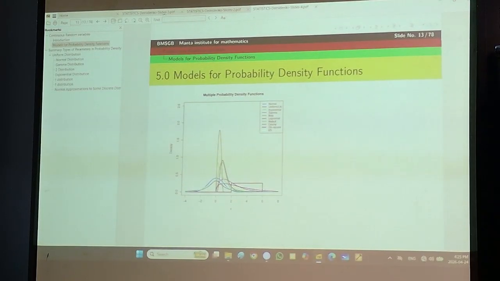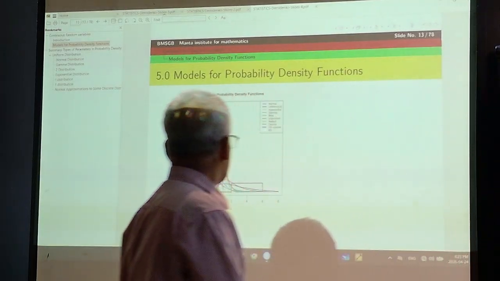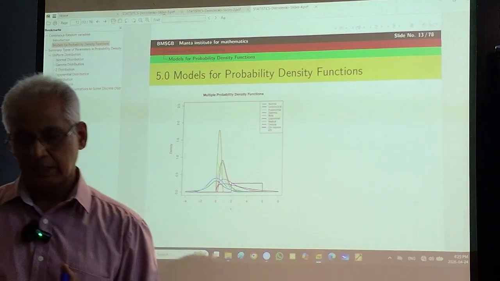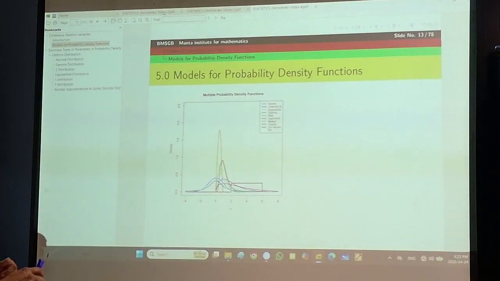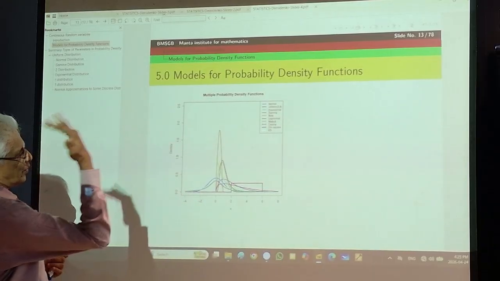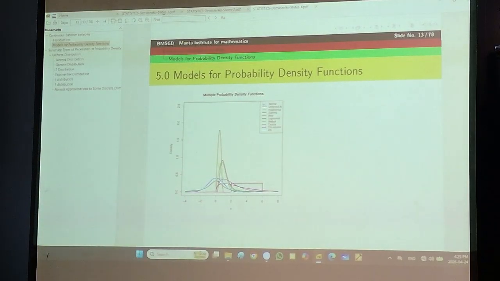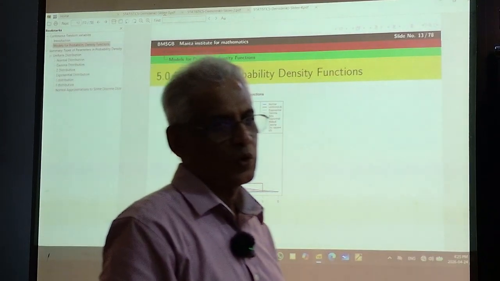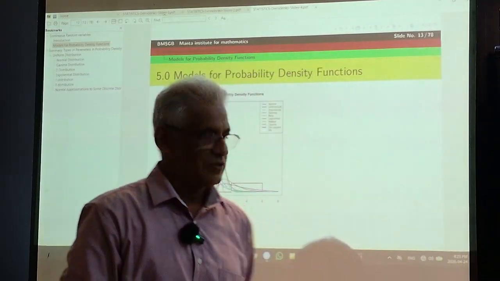As I mentioned, now we are going to look at some commonly used models. There are so many different shapes that people have created mathematically, so many different distributions. I have shown you a few of those here. One important thing is that the area under each of these curves is equal to 1, because they all are density functions, right?